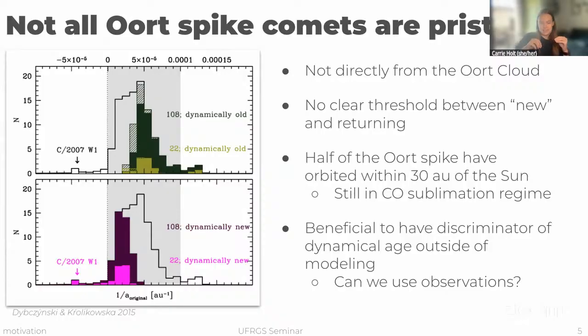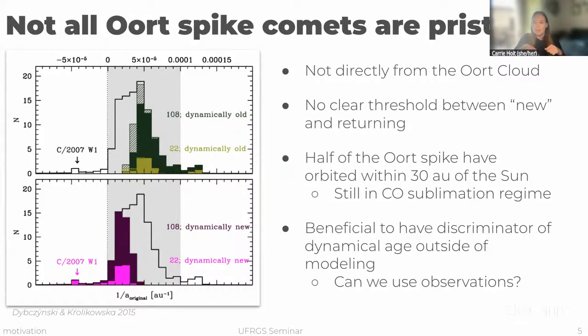Within 30 AU from the sun, carbon monoxide can sublimate, so they have experienced some processing. So we can't say that everything in the Oort spike is super pristine.